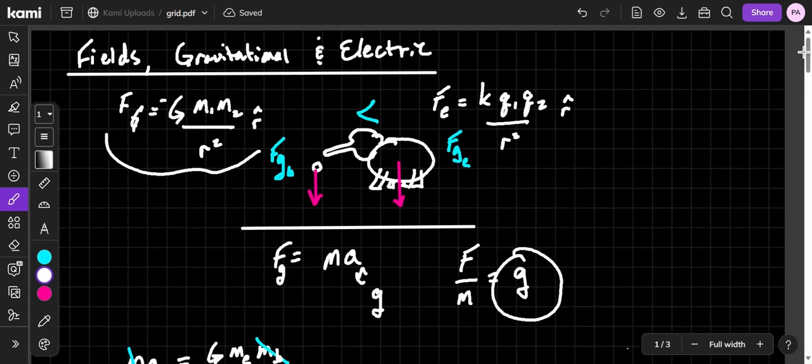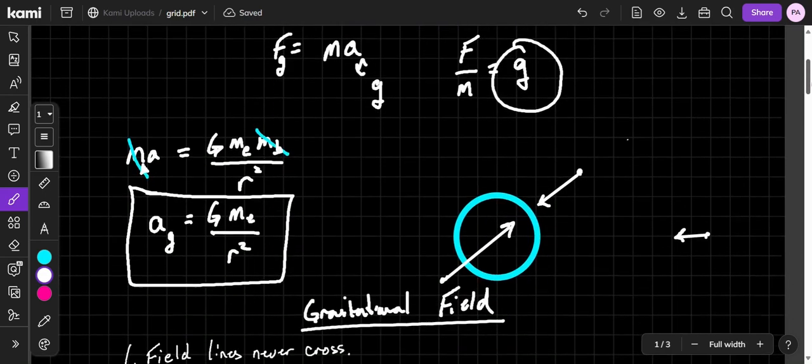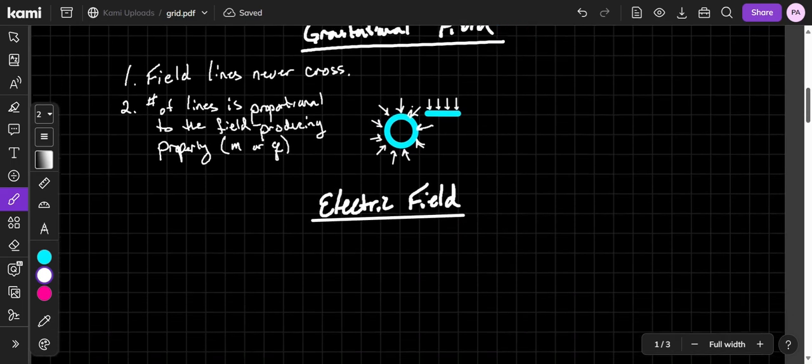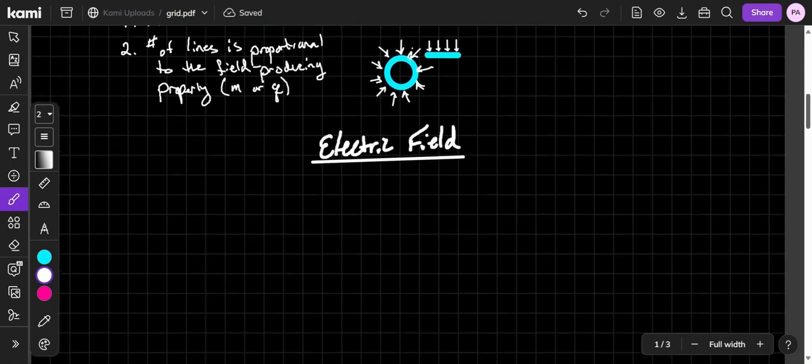So in Coulomb's law, way back up here, what is the field producing property? Instead of mass, it is the charge on one of the particles. So we're going to extend this idea to electric field. Our electric field is the same idea.